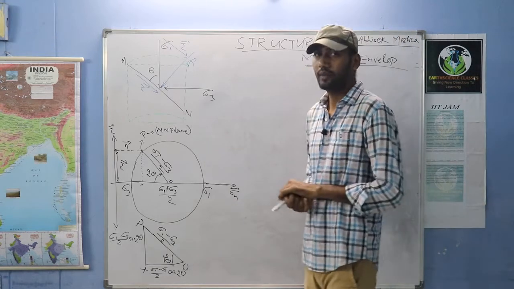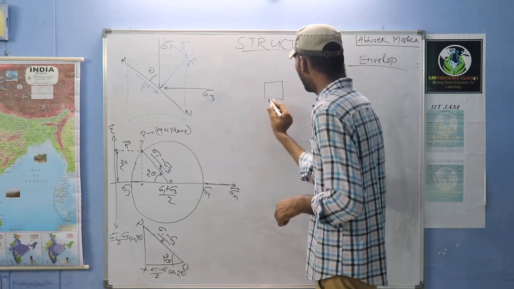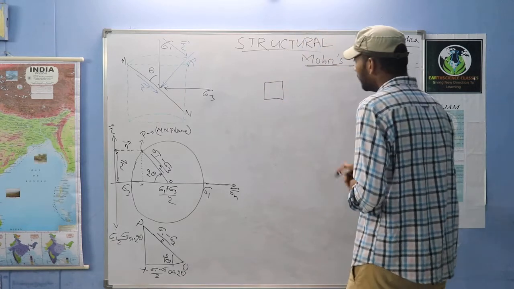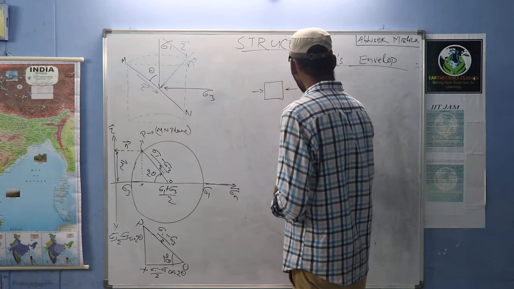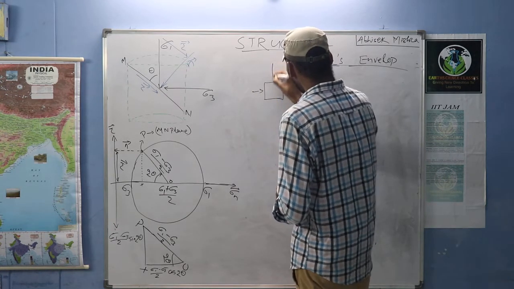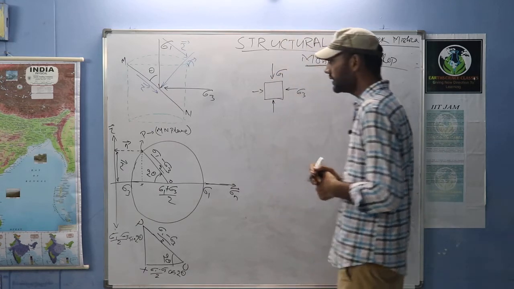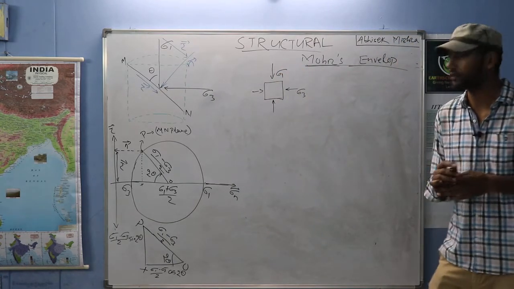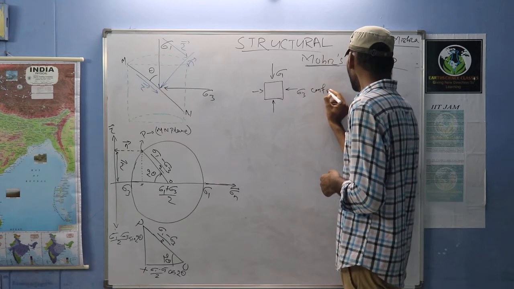Let's say, for example, some material is there, one material, right? Here it is sigma 3, here it is sigma 3, and I am giving some maximum principal stress, or some applied stress, sigma 1. Sigma 3 is the confining one, as I told you already during the Mohr circle.